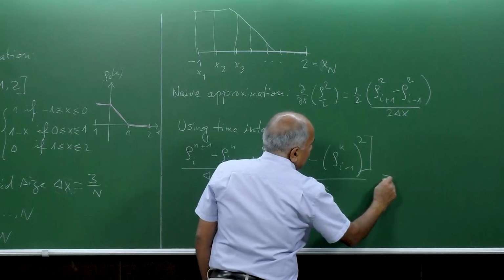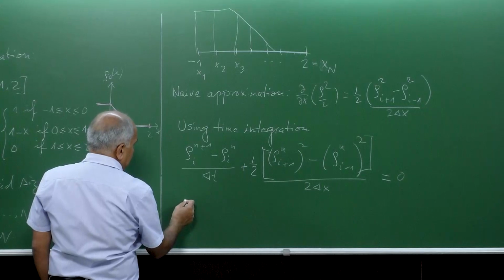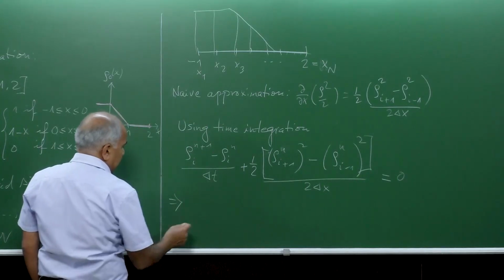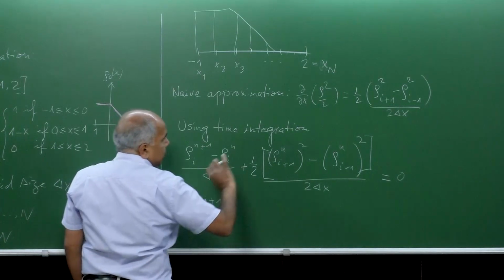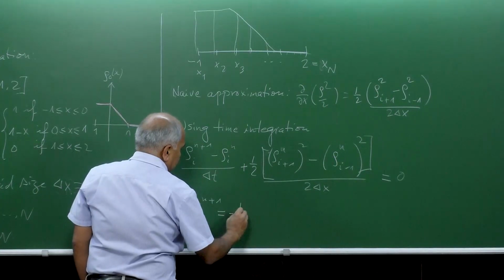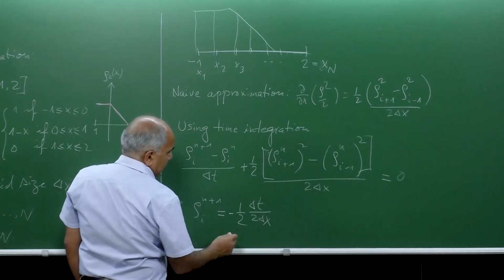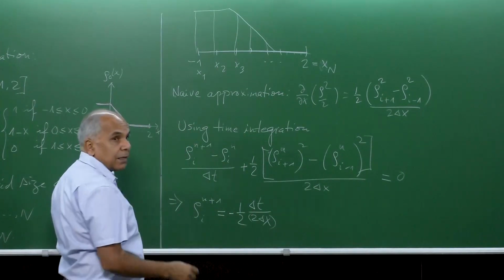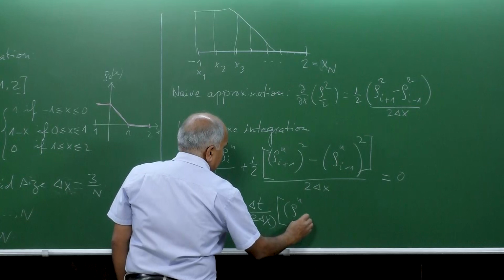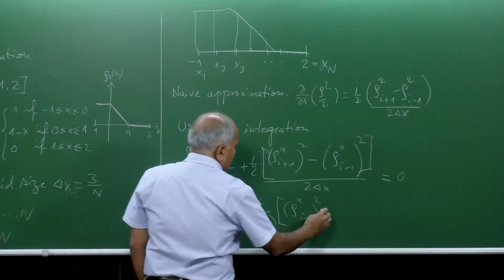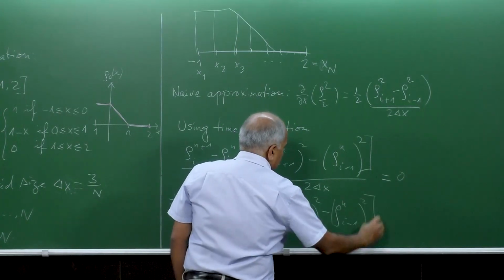This is equal to 0. So this implies we get our scheme: rho i at n plus 1 is equal to, putting on the right hand side, minus half delta t by 2 delta x, and inside the brackets rho n i plus 1 square minus rho n i minus 1 square.